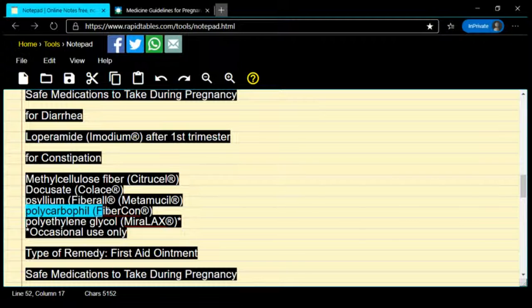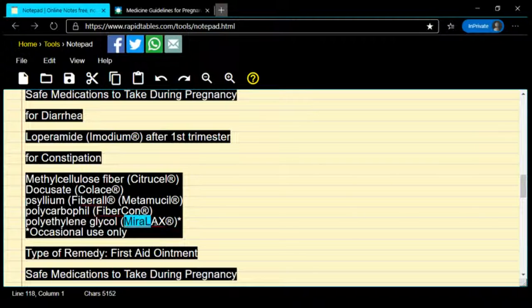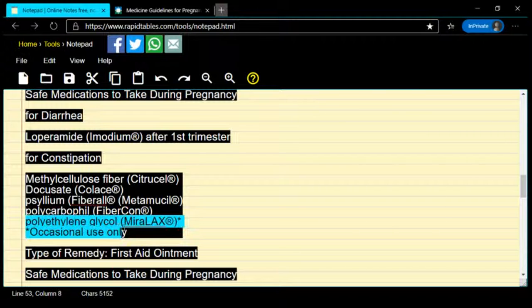Polycarbophil, FiberCon, and polyethylene glycol, Miralax, is important for treating constipation.